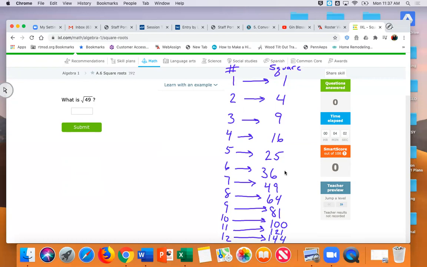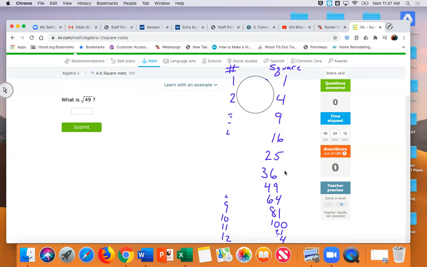Now, why would I have you do this? Well, when we take the square root, we actually reverse these arrows. Oh, that did not work for you, Harmon. It did not, but that's okay. It's a quick fix.